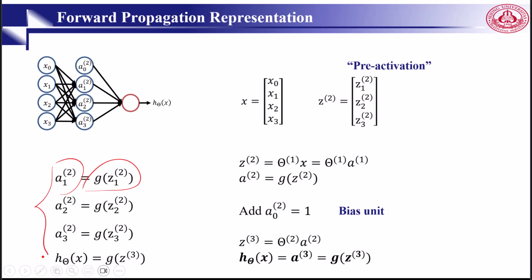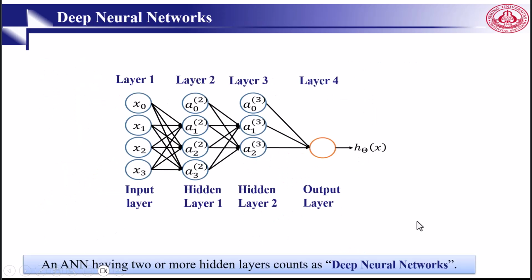Now, z2 here is equal to theta 1 x, right? It means theta 1 a1, and a2 is equal to sigmoid of z2, this value that we found here. Then we also add a bias here, and z3 will be equal to theta 2 multiplied by a2, and finally we can find the hypothesis as h theta x is equal to a3, which is equal to sigmoid of z3, based on the calculation in the previous slide.